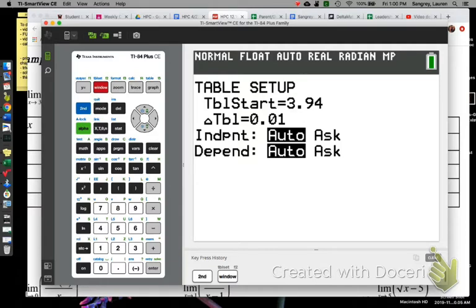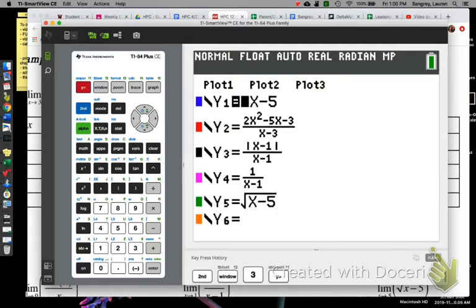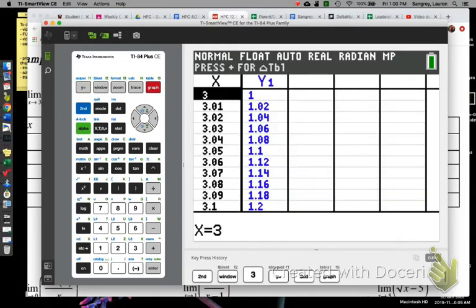So I am going to make sure that my table starts at 3. And then in my y equals, I'm going to have my first function, just ignore the stuff underneath. My first one is 2x minus 5. Now I'm going to look at the table, and I'm going to scroll up just a little bit because I want to see what's happening from the right and left side as x approaches 3.